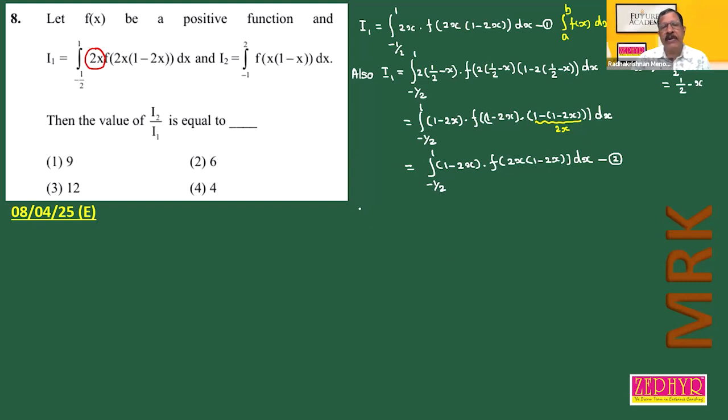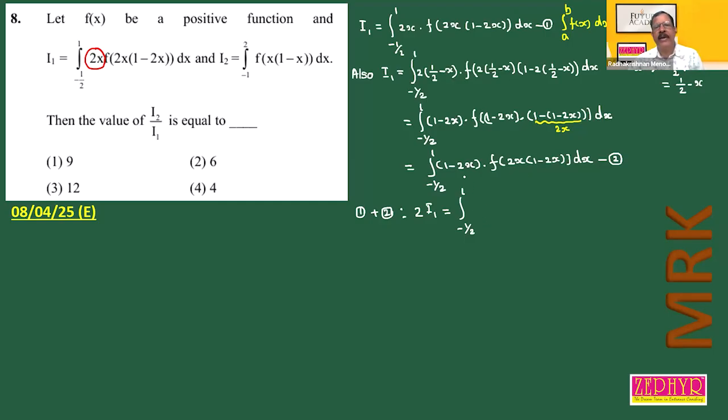So when we add equation 1 and equation 2, you are getting 2I1 is equal to the integral from minus 1 by 2 to 1. f of 2x into 1 minus 2x is the same in both the equations.